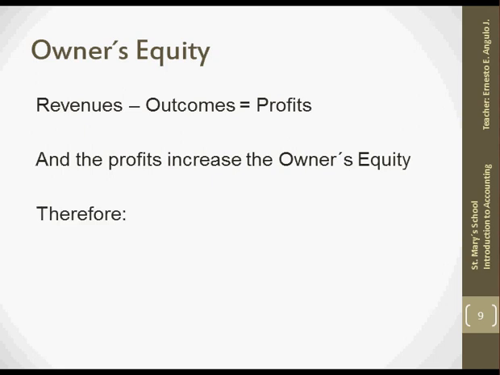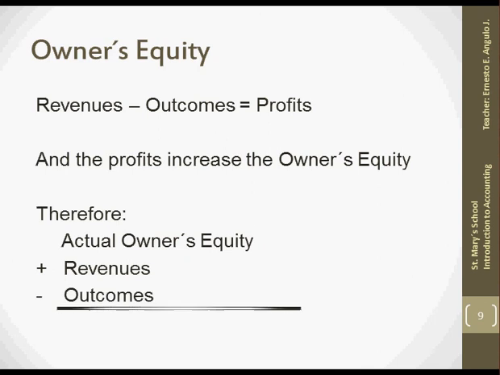For that reason, the actual owner's equity plus the revenues or incomes of the period minus all the outcomes, that is, the costs and expenses, represents the new owner's equity.